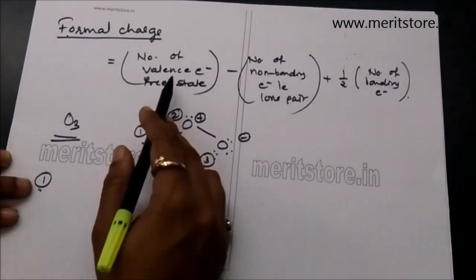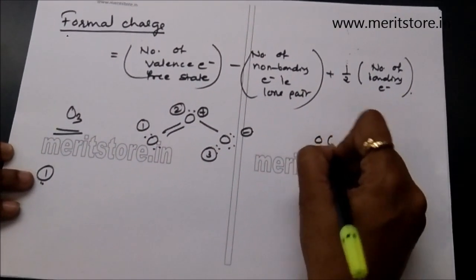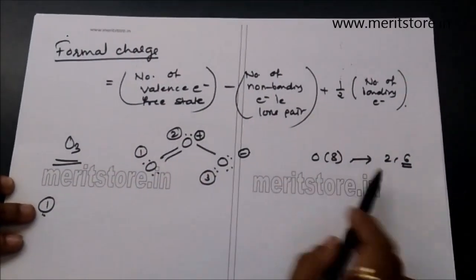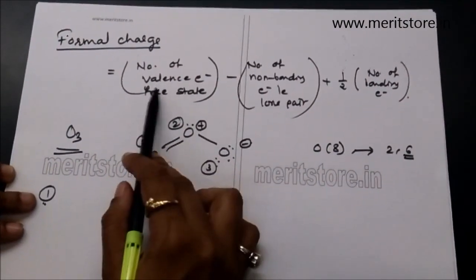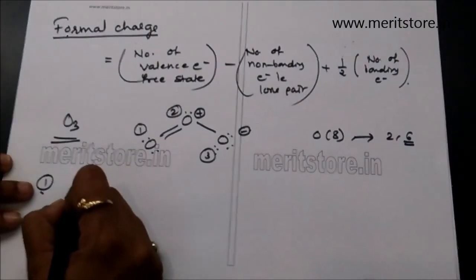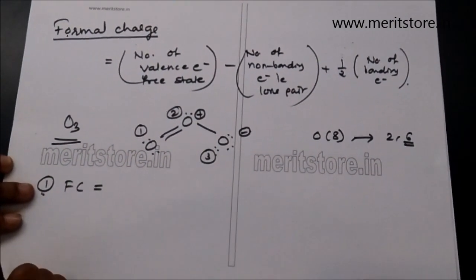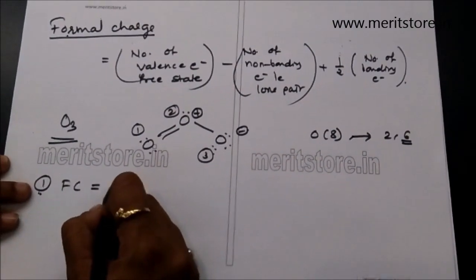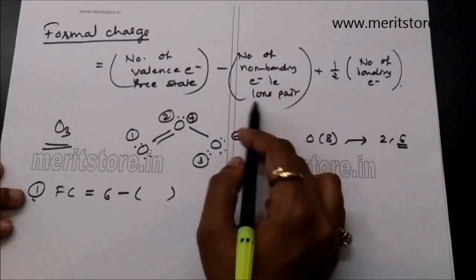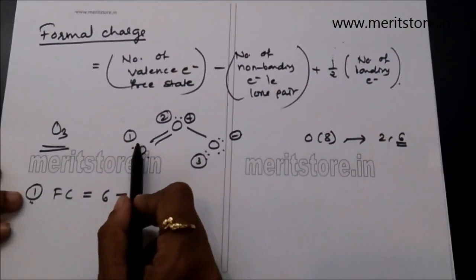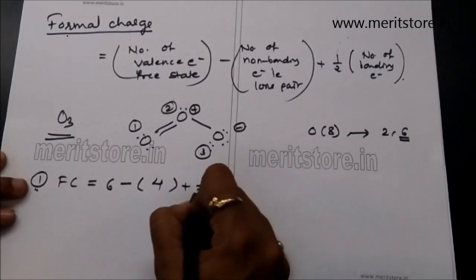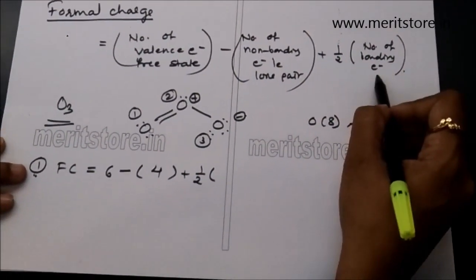For the first oxygen, the atomic number of oxygen is 8, so the electronic distribution is 2, 6. So all these atoms contain 6 valence electrons in their free state. So for the first oxygen, the formal charge will be equal to the number of valence electrons, 6, minus the number of lone pair electrons present over here, which we can see are 4, plus half into the number of bonding electrons.